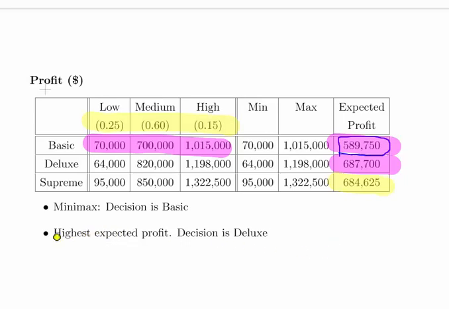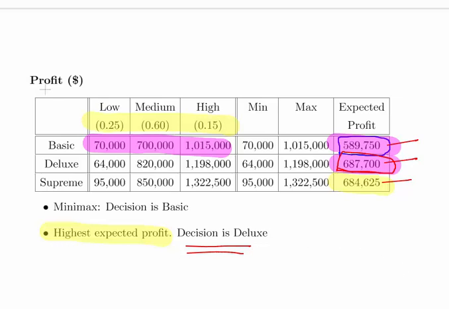So under the Bayes criterion, what we do is base our selection on the highest expected profit, and in this case, which of these has the highest value? It is actually the deluxe. Okay, so according to our Bayes criterion, which is to say the highest expected profit, the decision is to pick the deluxe product.